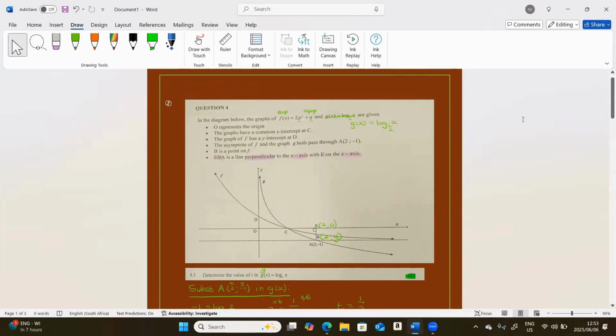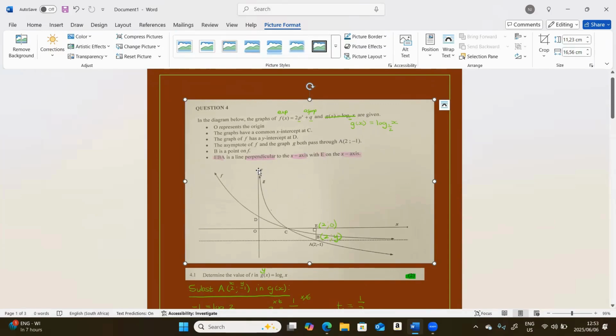Because the log function is the inverse of an exponential function, and also because there's no plus q, you would see that the asymptote of this log function is the y-axis. We said that already over here, that the asymptote of function g is the y-axis.